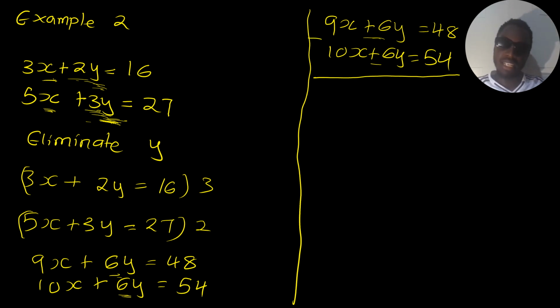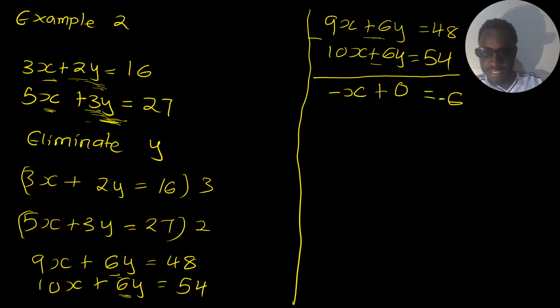So 9x minus 10x is negative x. Then we subtract plus 6y minus plus 6y, and you get 0. That means we have eliminated y. And then 48 minus 54 is negative 6, sorry.